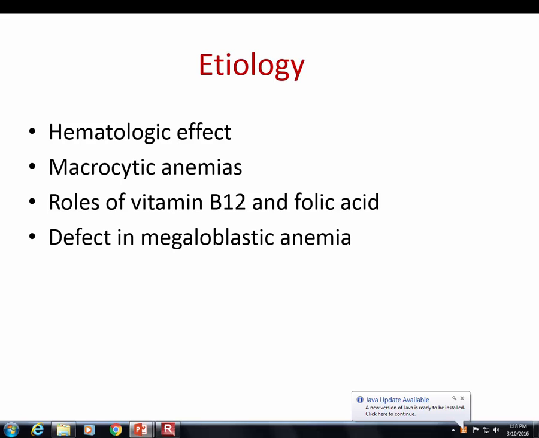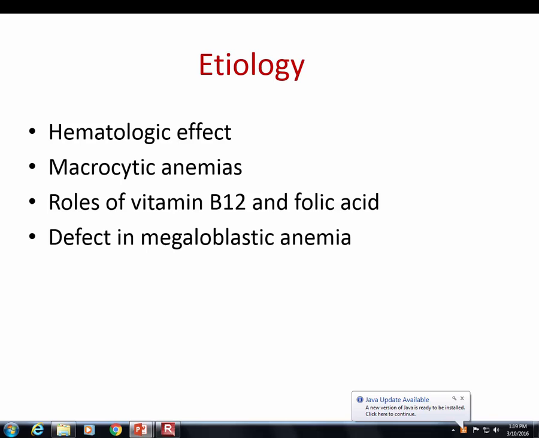This compound is going to be converted into another compound called succinyl CoA. Okay? This requires B12. There's another enzyme involved here, but B12 is going to be a necessary cofactor in this process. Okay? So what's that going to do?